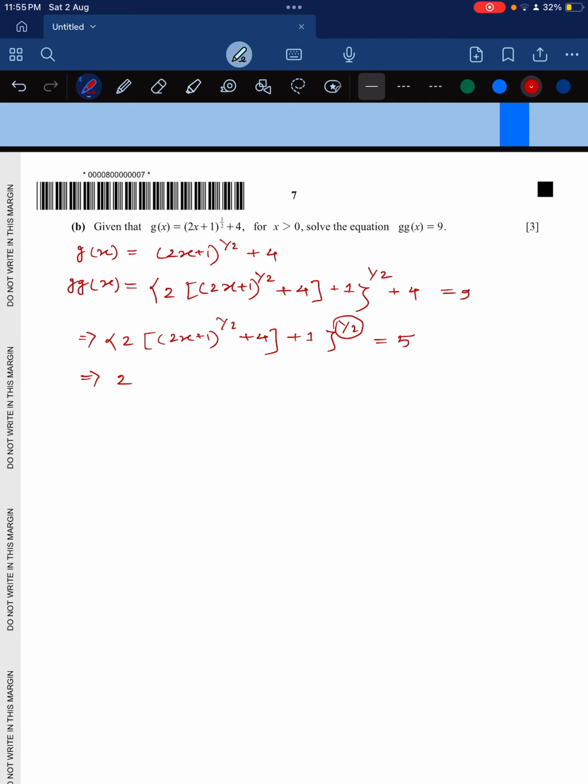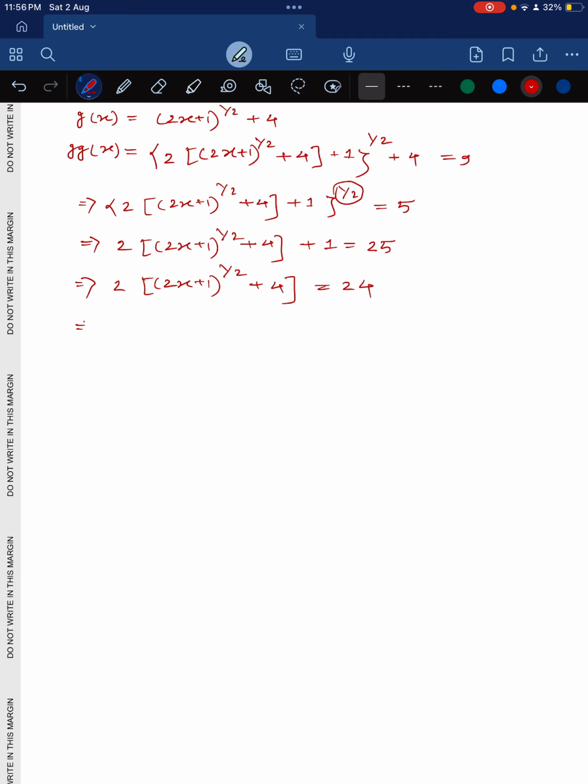So 2 times 2x plus 1 to the half plus 4, plus 1 equals 25, and then 2 times 2x plus 1 to the half plus 4 is equal to 24, because 25 minus 1 is 24, and then 24 over 2 should be 12, because 24 over 2 equals 12.